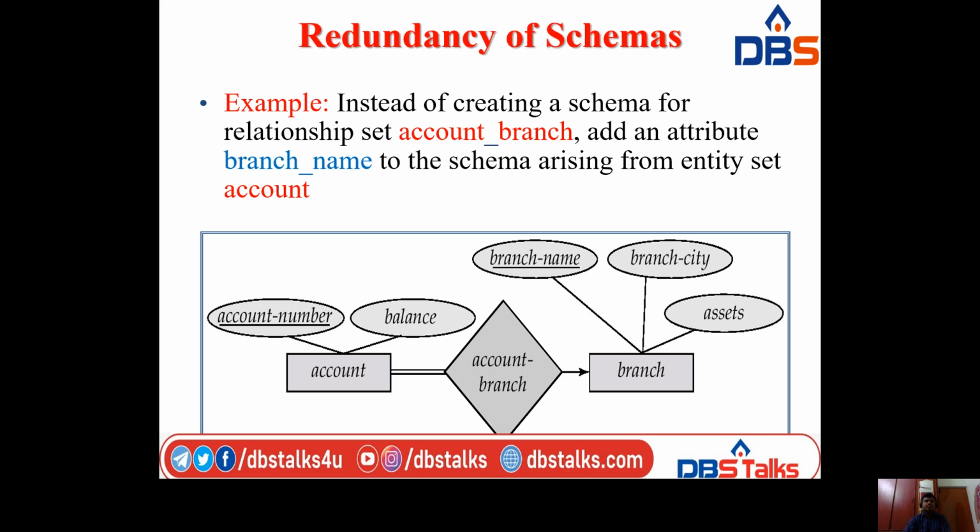Now coming to the redundancy of schemas. Some redundancies occur in the preparation of schemas also. For example, instead of creating a schema for the relationship set account-branch, add an attribute branch-name to the schema arising from the entity set account. Instead of creating a schema for the relationship account-branch, we add the branch name to the account.